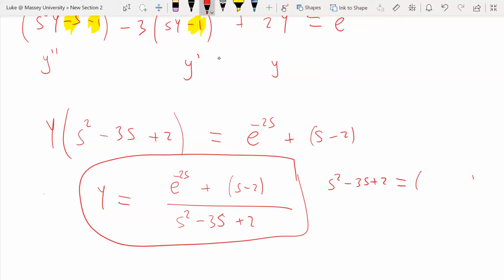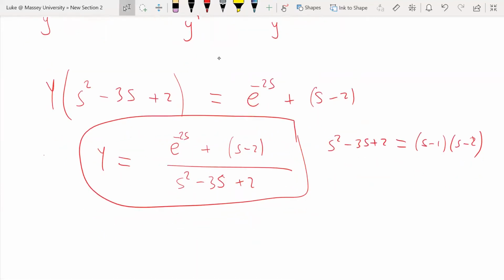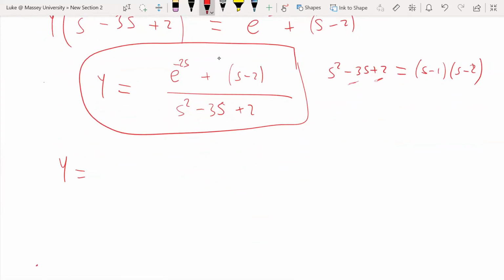S minus 1, s minus 2. I'm still, after all this time, getting used to the tablet writing. Because if I take minus 1 times minus 2, I get positive 2, and minus 1 minus 2 gives minus 3. Great. So I can write my y as e to the minus 2s over s minus 1, s minus 2, plus s minus 2 over s minus 1, s minus 2.